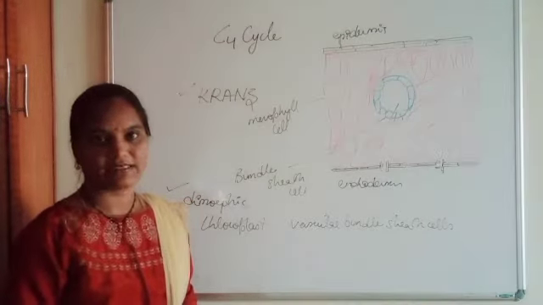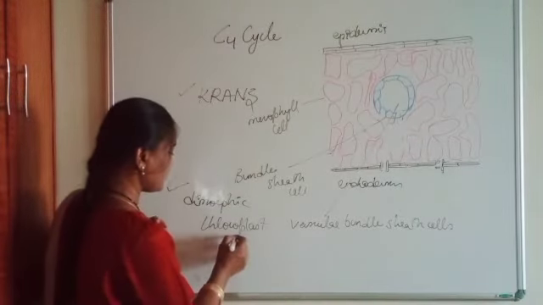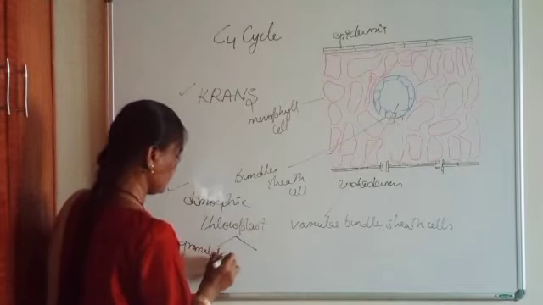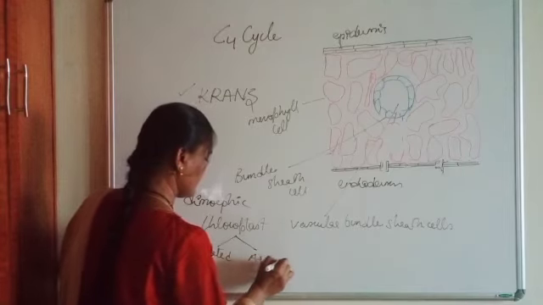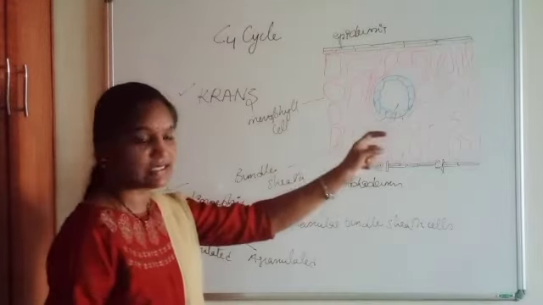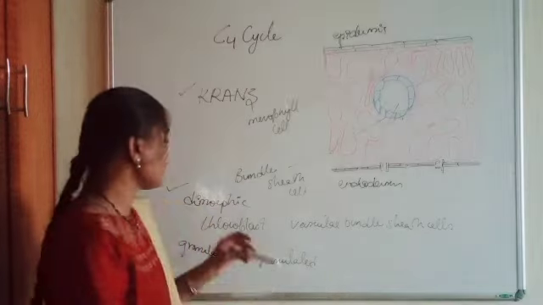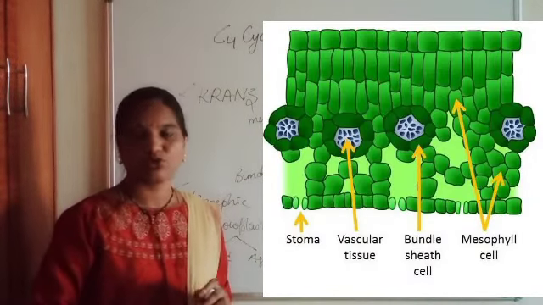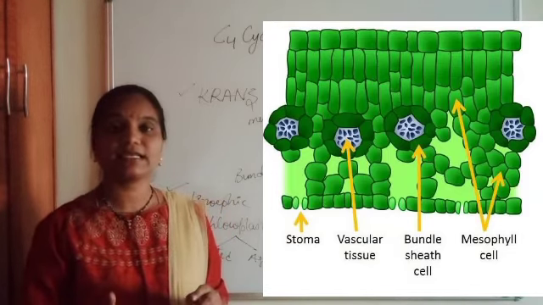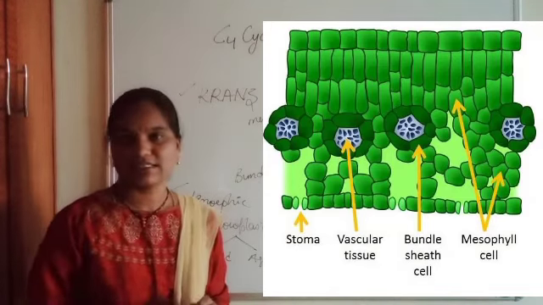They have granulated chloroplast and agranulated chloroplast. Agranulated chloroplasts are present in bundle sheath cells and granulated chloroplasts are present in mesophyll cells. Because of this dimorphic chloroplast also, C4 plants can easily synthesize food material during the dark reaction, compared to C3 plants.